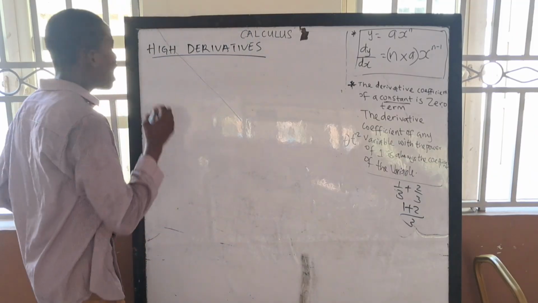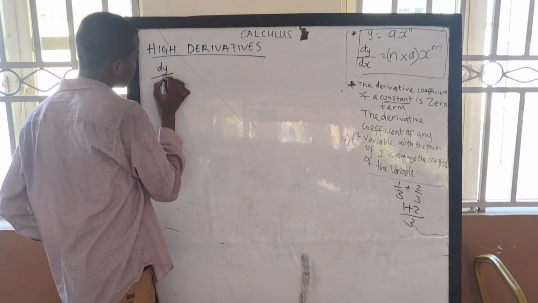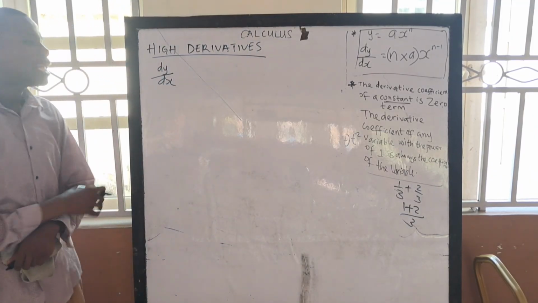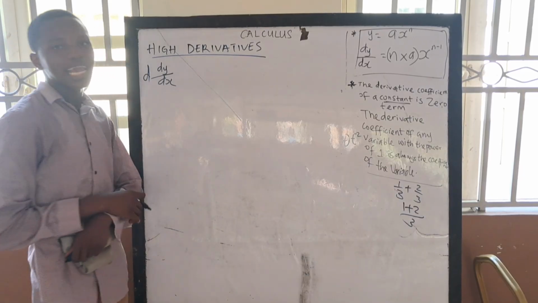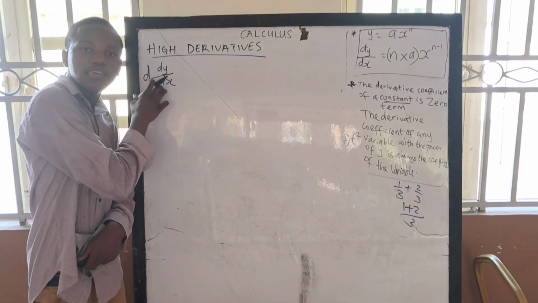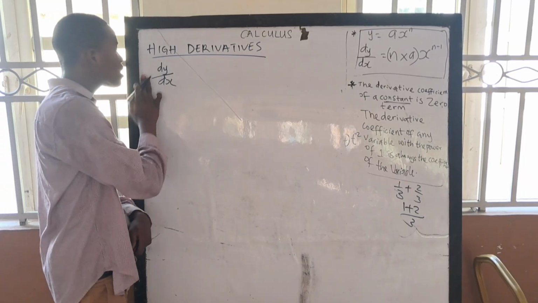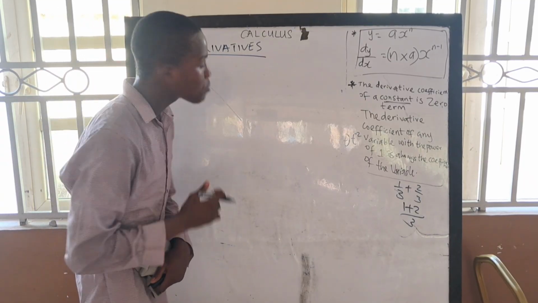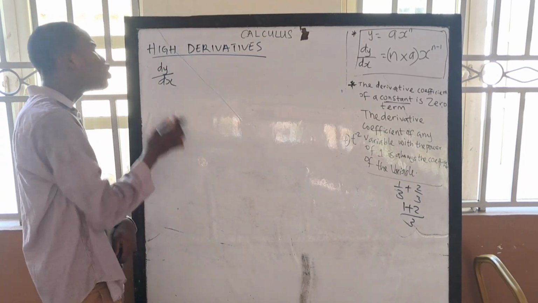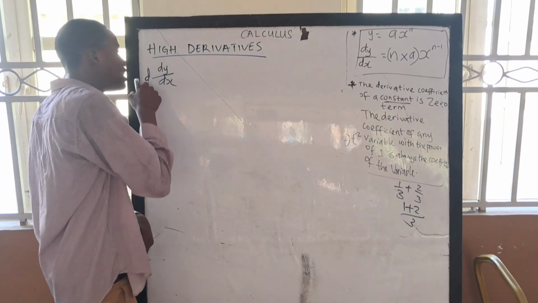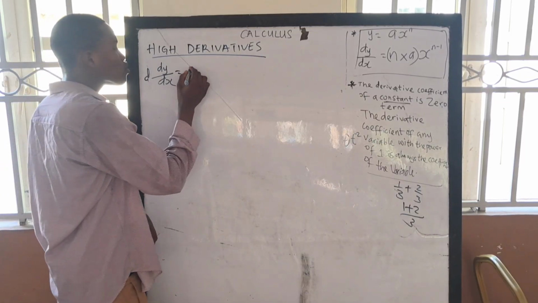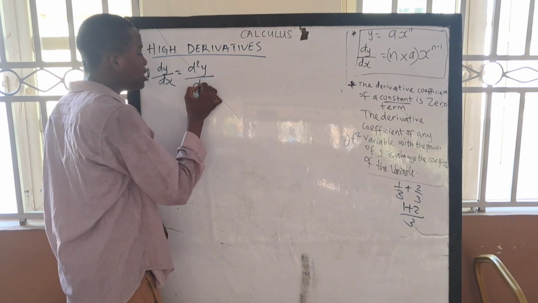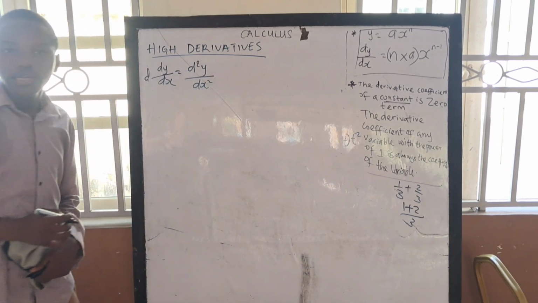So now, if I have dy dx, right? And I'm differentiating this again. First of all, I first obtain dy dx, right? Then I'm being asked to differentiate it again. So this is the same as saying d times dy dx, that's what? d squared y over dx squared. Right?